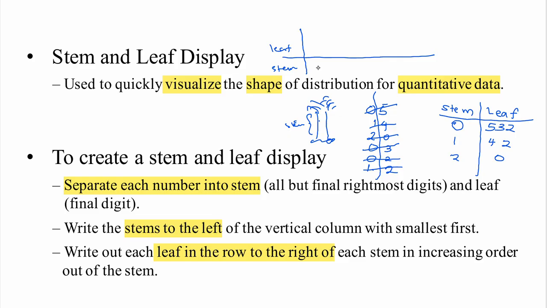First I have a stem of 0, and the leaves are 2, okay, just writing them in ascending order, nothing too fancy, 2, 3, and 5. The next one has a stem of 1. The leaves are 2 and 4. The next one has a stem of 2, and the leaf is just 0. Now I can draw a smooth curve over this like that.